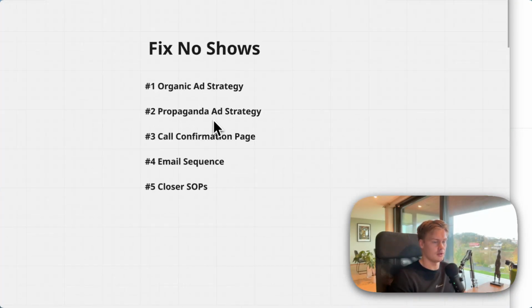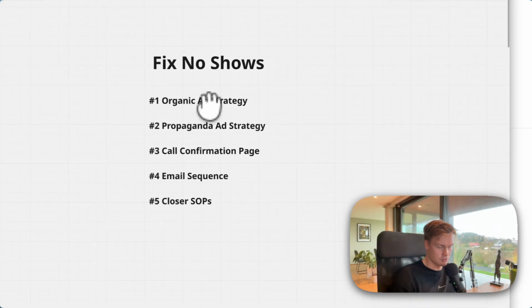So the first thing that you can implement in order to fix your no-shows is an organic ad strategy. What most people do is they just run cold traffic, direct response ads to a webinar registration page, or for a VSL funnel. By the way, that's what most people do.